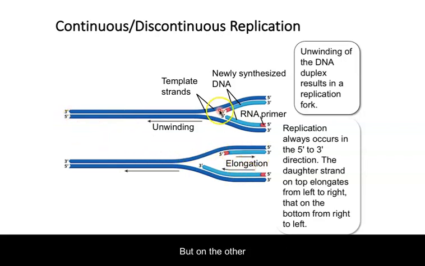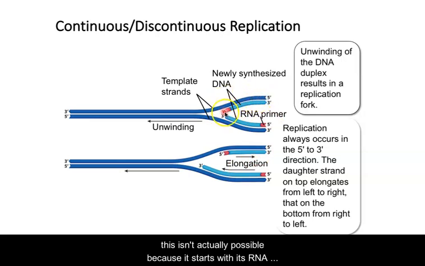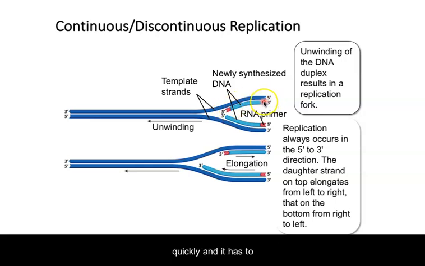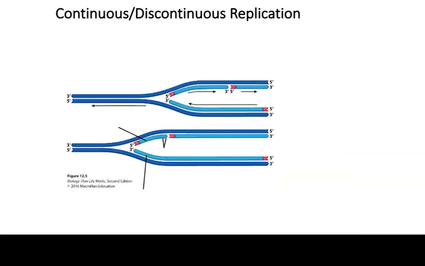But on the other strand, the lagging strand, this isn't actually possible because it starts with its RNA primer at the 5' end and then has to go to the 3' end, which causes it to hit the end of the DNA strand quickly, and it has to jump back and do it in more piecemeal fashion. So the leading strand has continuous replication and the lagging strand has discontinuous replication.